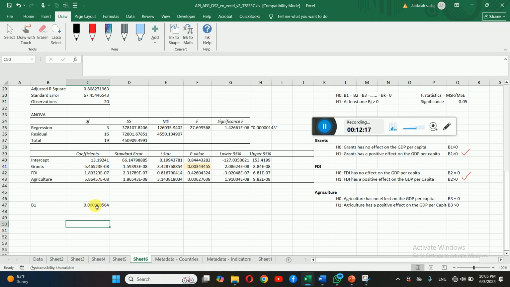So what is the interpretation of this, dear student? I'm just interpreting this one value. The interpretation is very much simple.